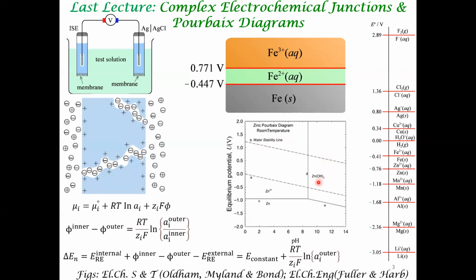Always, whenever you see a Pourbaix diagram, you will see two lines. These are in an aqueous Pourbaix diagram. Why are these two lines important? It is indicative of the stability window of water. Above this potential, water is no longer stable.